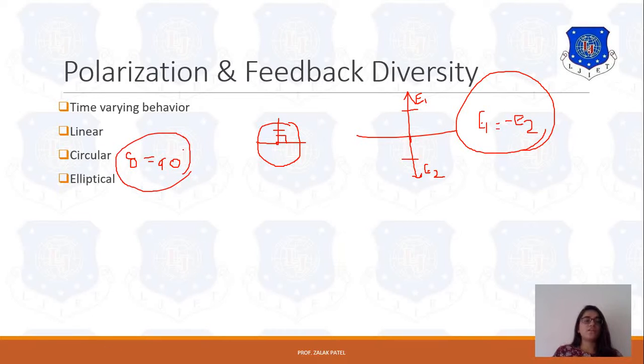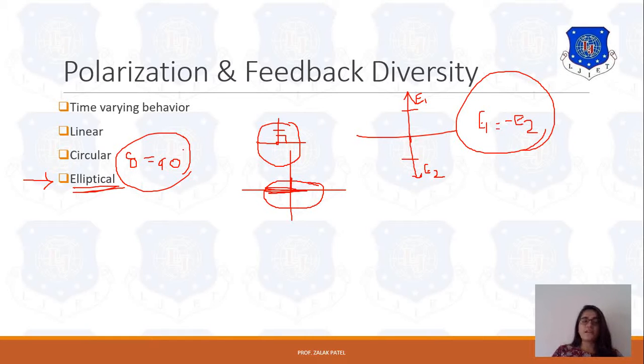Now let's take another case, that is elliptical polarization. In elliptical polarization, if we draw the ellipse with the major axis horizontal, you can note that this side has more amplitude compared to this side.